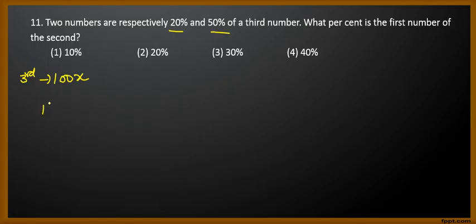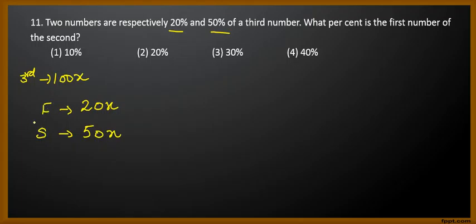Then what is the first number? First number is 20% of 100x, which is 20x. What will be the second number? Which is 50% of the third number, that is nothing but 50x. The question asks what percent of the second is the first. So the first number is the required value, and the second number is the reference value.